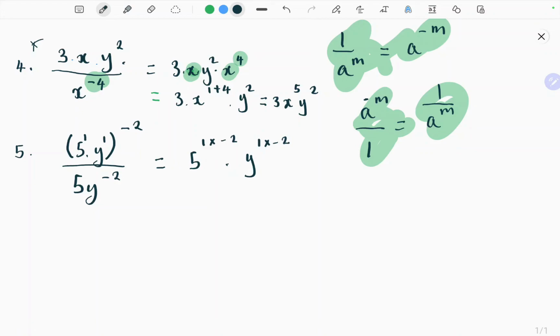Please don't forget, you multiply the exponents for all the powers inside the bracket. So what you essentially do is you bring this exponent in and you multiply, you bring it in there and you multiply. That's how I came to this.